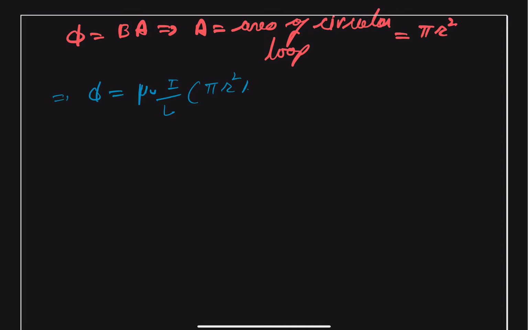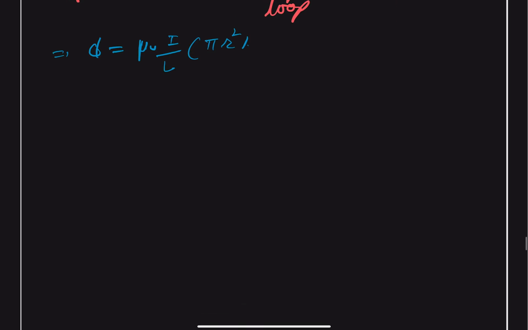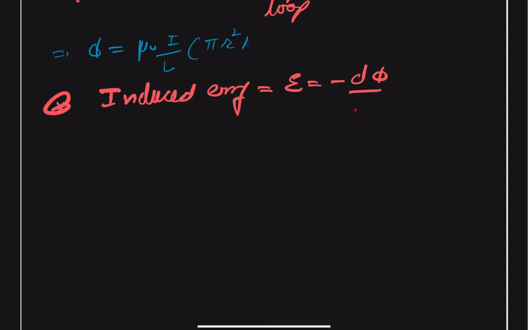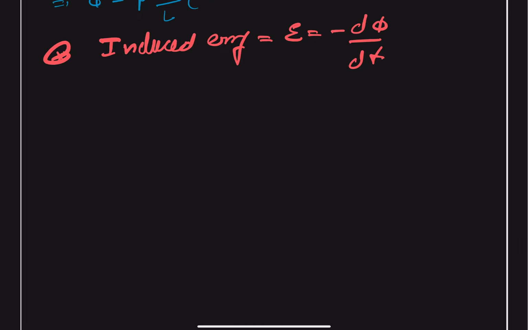Now the induced EMF because of this flux. Induced EMF will be equal to minus d phi by dt. We substitute our equation for phi.